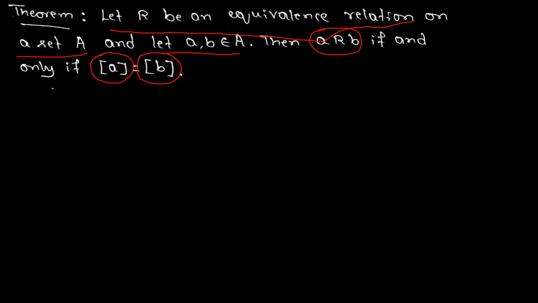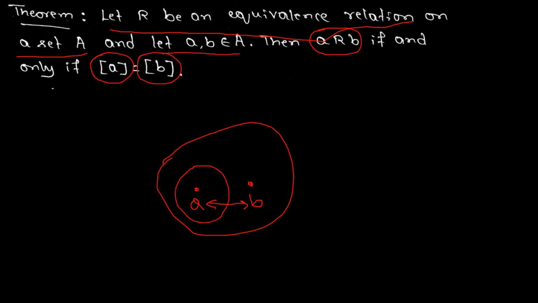That means whenever in a set A you have two elements a and b, if you know that these two elements are related, and if you try to form an equivalence class of a and equivalence class of b, since these two elements are already related, these sets will also become same, will also become equal. So that is what they are saying here.